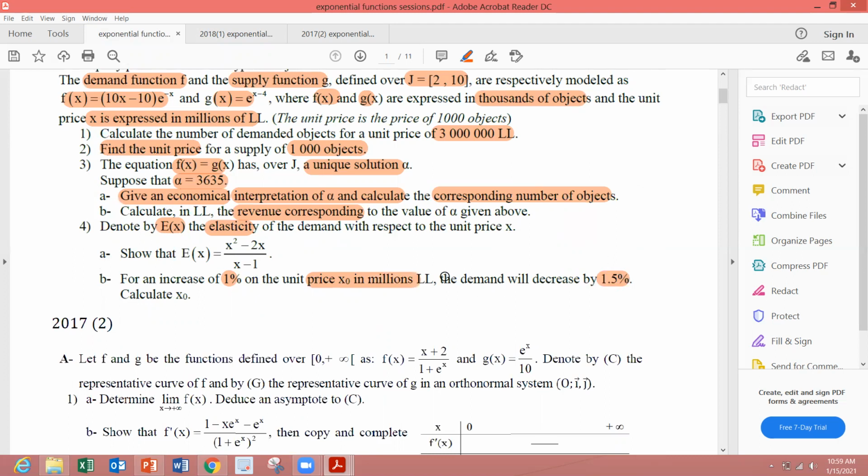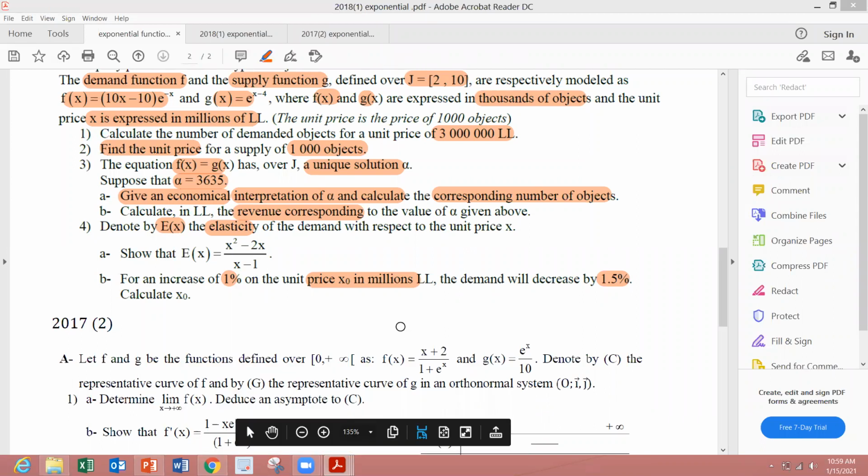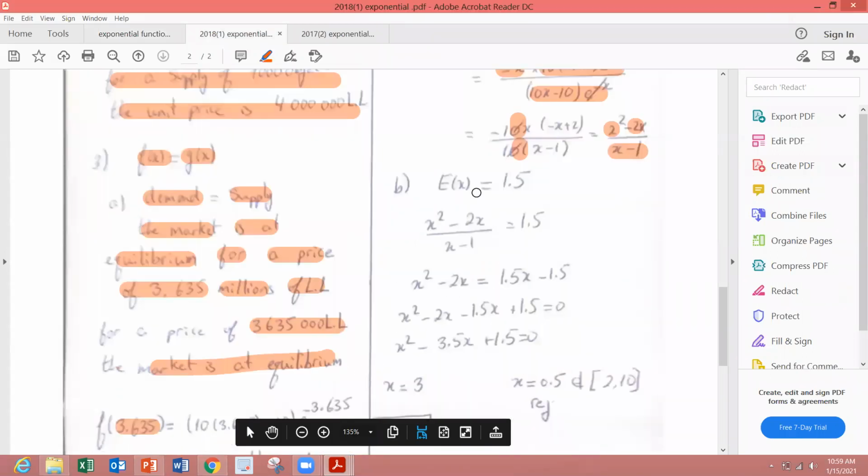What does this sentence mean? For an increase of 1%, the demand will decrease by 1.5%. It means the elasticity is equal to 1.5. Good, Susan. So E(x) equals 1.5.